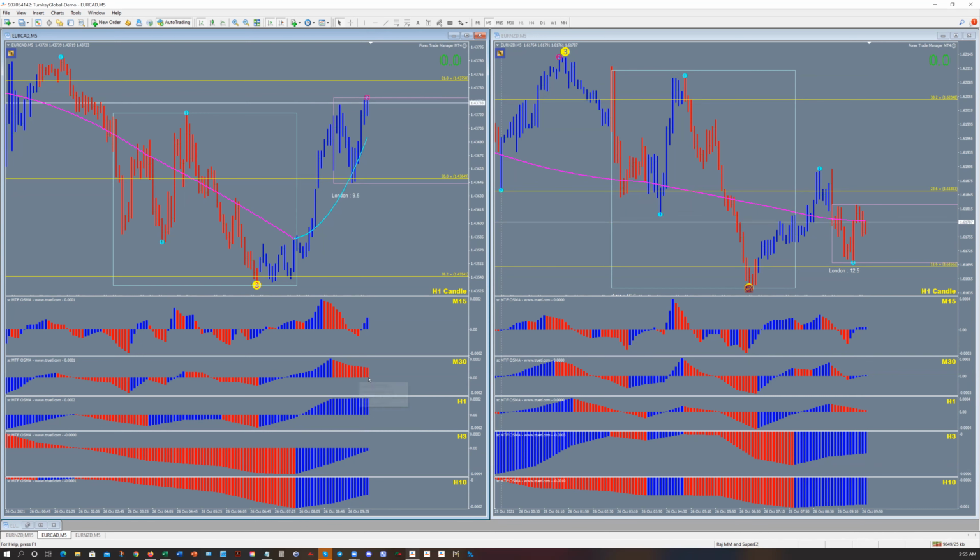Now, if this all turns blue with a red ball up here, would I be taking a trade? No. I could, but I would put my stop loss right below the low. A 3 pip stop loss, because if it goes below the low, it's broken structure on this price action anyway.